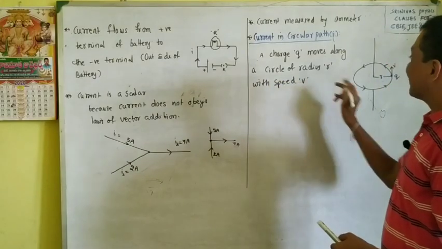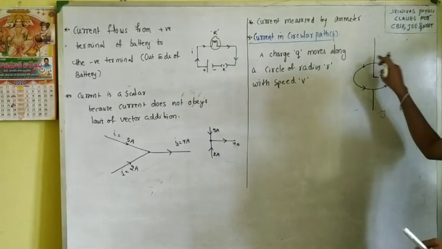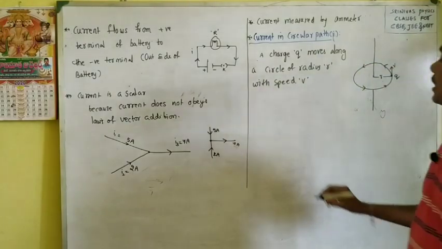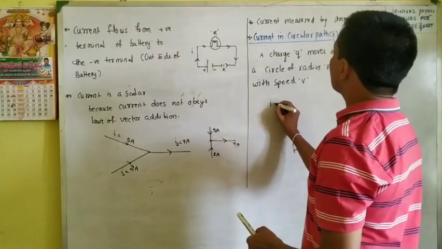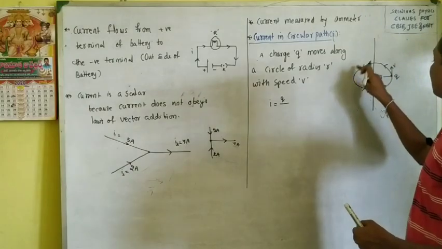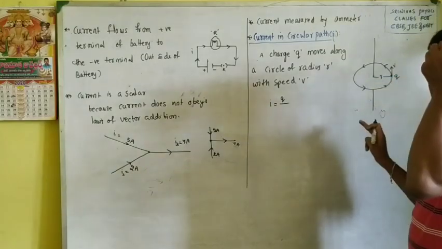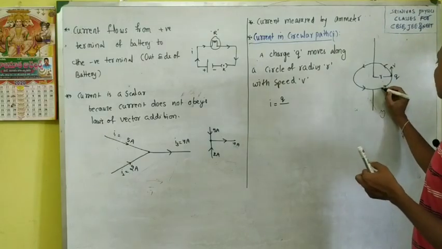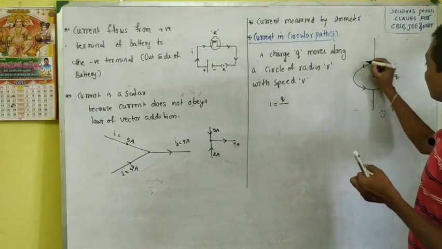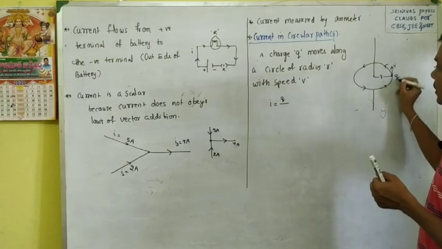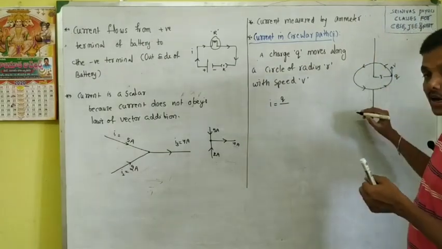Look here, this Q charge is moving along a circle with speed v, and the radius of the circle is r. The current formula is charge by time. But here, for one revolution, actually in a closed path only, current will flow. For example, the charge starts here, and if it comes back to this point, then we say that it is closed. In a closed path only, current flows.